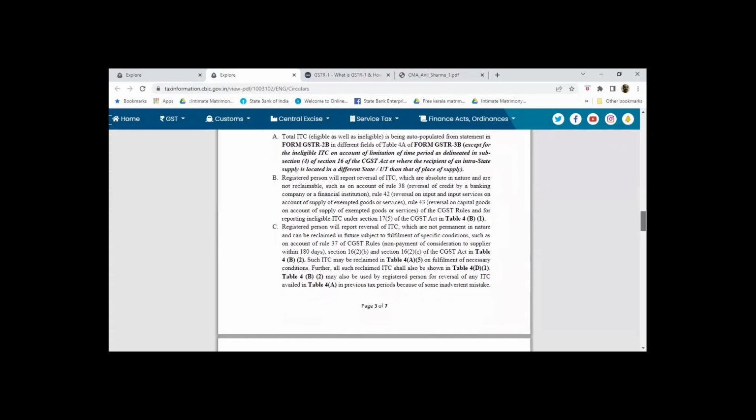The next important point, the registered person will have to report reversal of ITC which is absolute in nature and which are not reclaimable. ITC which is to be reversed and which cannot be reclaimed, such as ITC on account of Rule 38, which is reversal of ITC by a banking company or a financial institution.